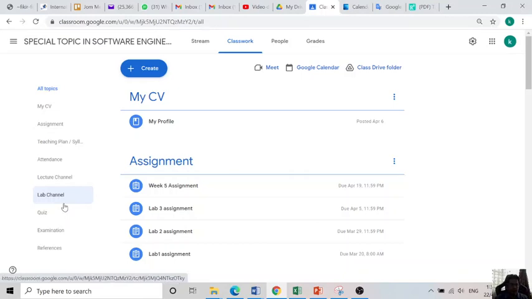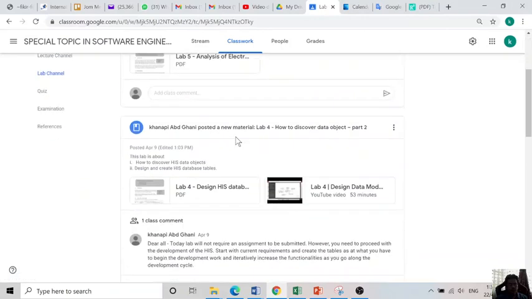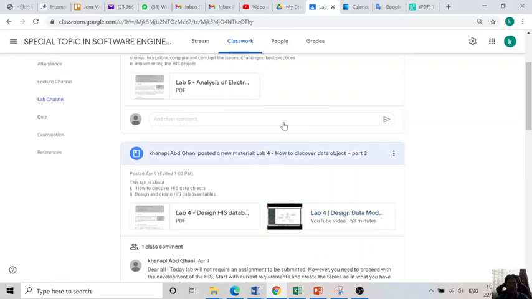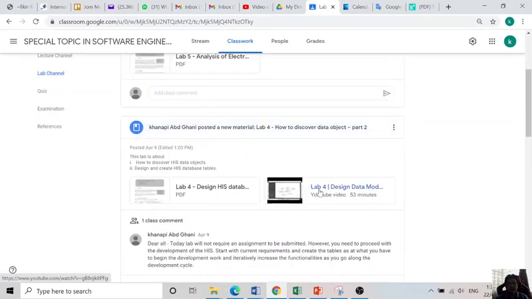Last week I put this design data model under lab 5, but actually this video is for lab 4, so I moved this video from lab 5 to here.